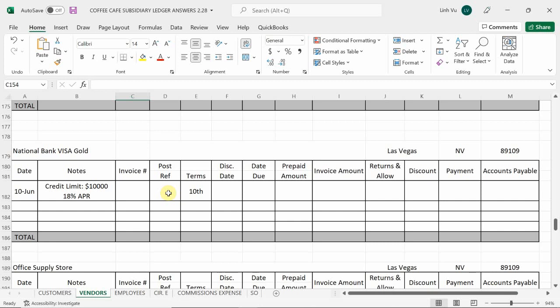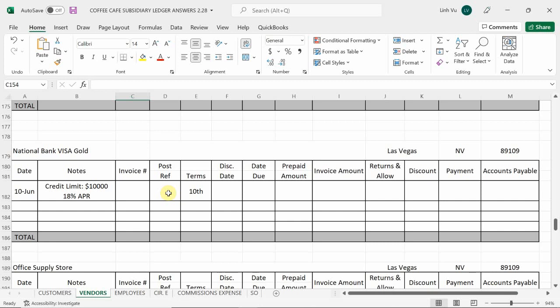What about the subsidiary ledger? I'm asking. So we just paid off Las Vegas Register Journal, right? Now my question is, I used my business credit card, my National Bank Visa Gold Card. Do I need to also update my subsidiary ledger for that?